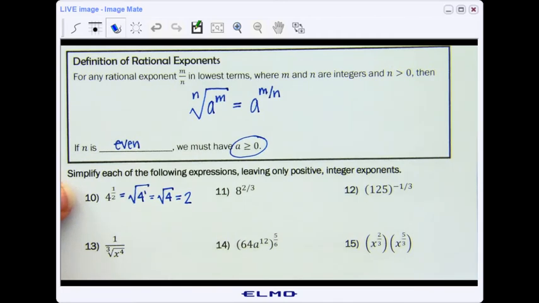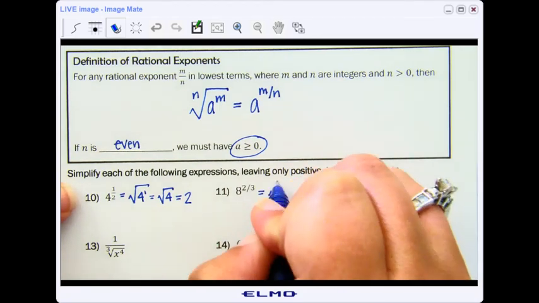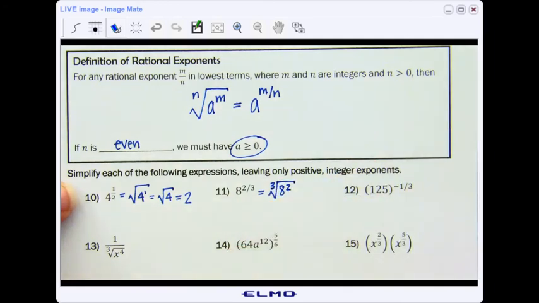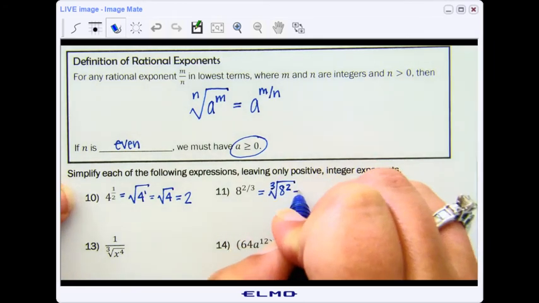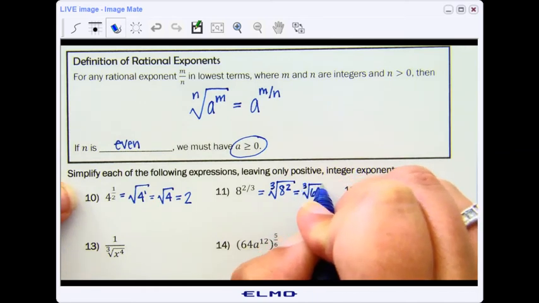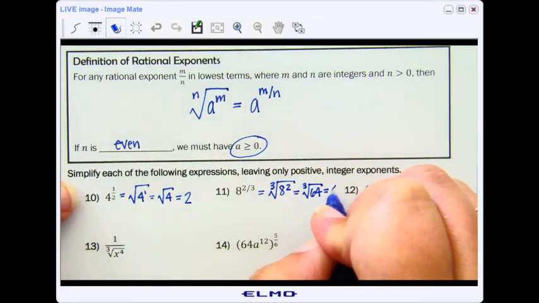In number 11, 8 to the 2/3 power is the same as the cube root of 8 squared. So this is the cube root of 64 when you square the 8, and the cube root of 64 is 4.